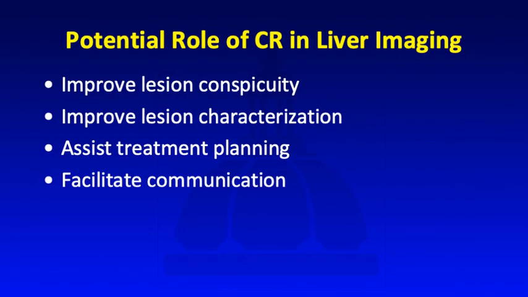When I think about potential applications of cinematic rendering in liver imaging, it has the potential to improve lesion conspicuity, improve lesion characterization, assist treatment planning, and facilitate communication with referring clinicians and patients.